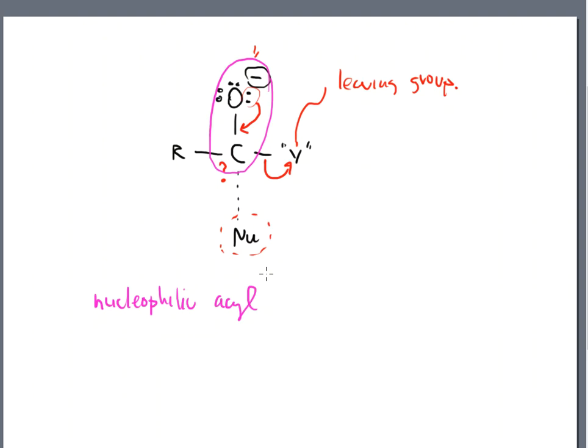Well, in other words, folks, that's called substitution. So this is another type of substitution reaction that we began to discuss in Chemistry 251. So these are called nucleophilic acyl substitution reactions. That's what we're getting ready to embark on together. That's our journey. Nucleophilic acyl substitution reactions.